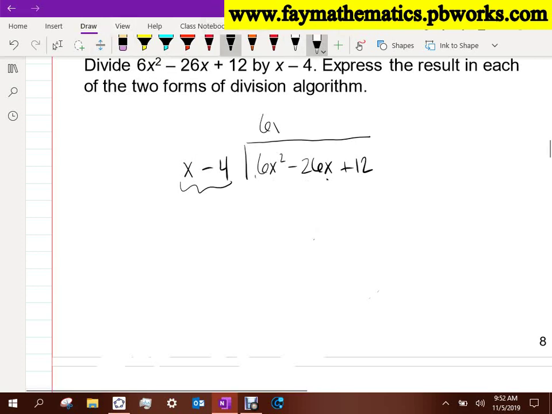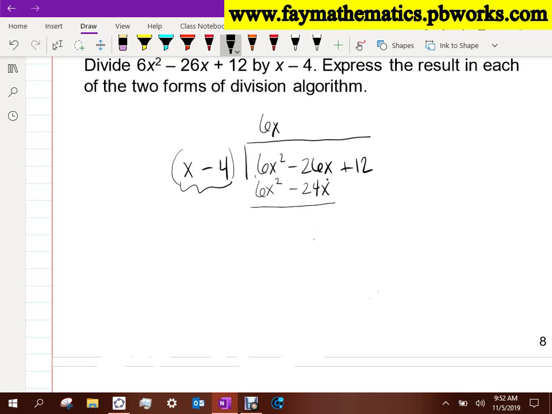All right, so we got 6x. Now, when that was a 5, we multiplied by a 7 and got 38, but now it's 6x, so we have to multiply by the x minus 4. So 6x times x gives me 6x squared. 6x times negative 4 gives me negative 24x.